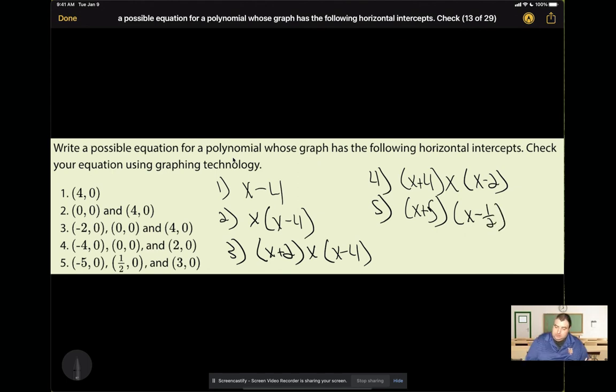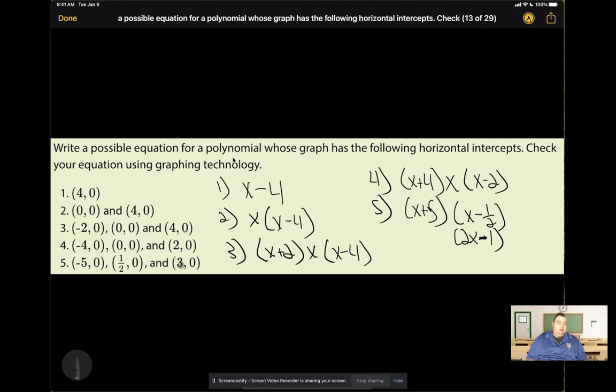But remember, when I have a fraction here, I want to take both terms of this factor and multiply by the denominator. So 2 times x is 2x, and 2 times -1/2 is -1. So we end up with 2x minus 1.